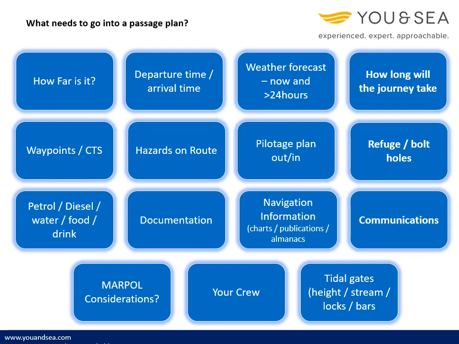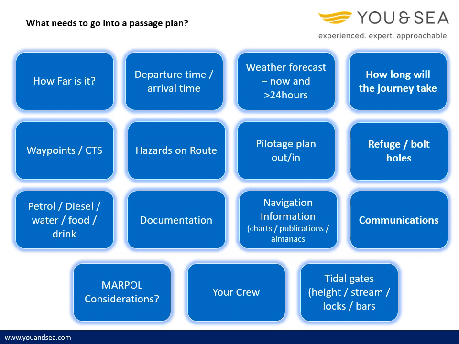Have we designed a pilotage plan to get out of our harbour and also to get in at the other end? Have we thought about plan B, refuge and bolt holes? What happens if the weather suddenly turns on us, or we have a mechanical failure on the boat? Where are we suddenly going to run and hide?